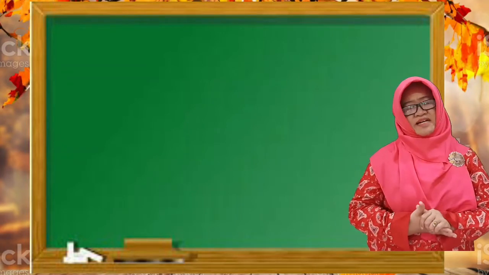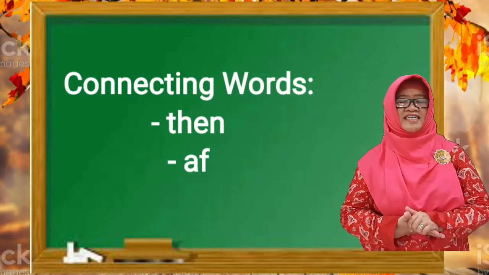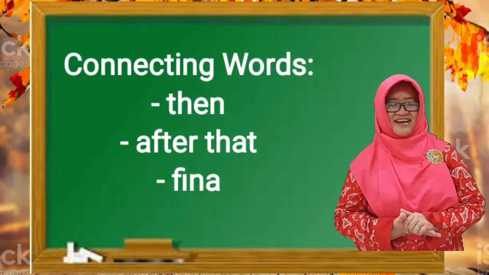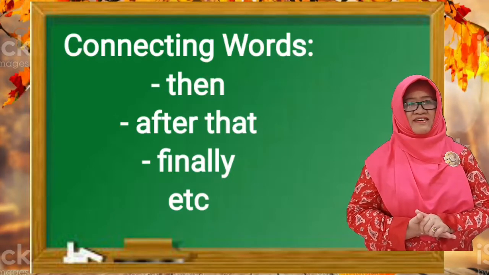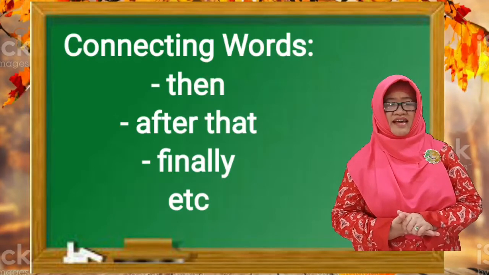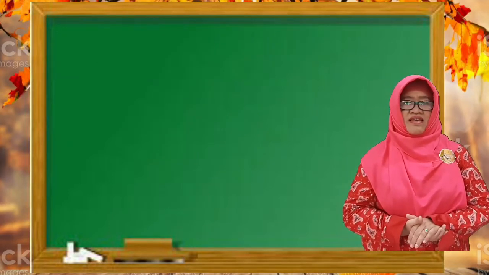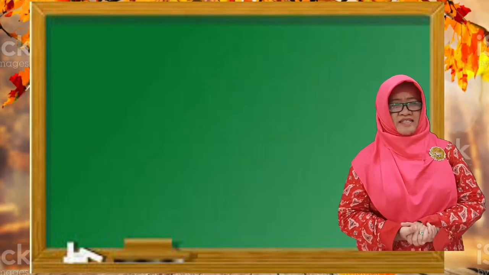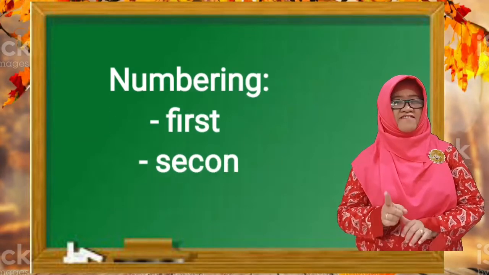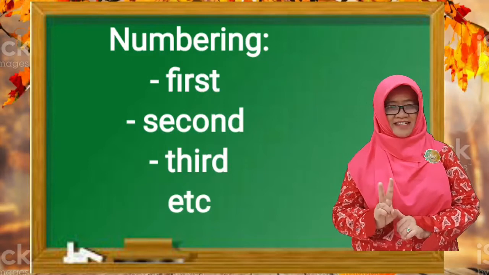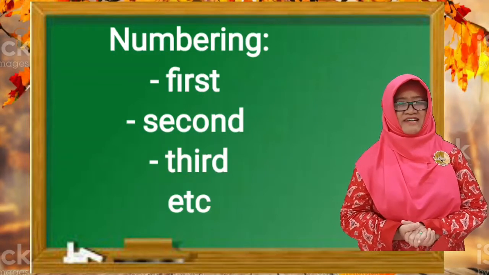Besides using imperative sentences, a procedure text commonly uses connecting words like then, after that, finally, and so on. And a procedure text may use numbering. For example, first, second, third, and so on.